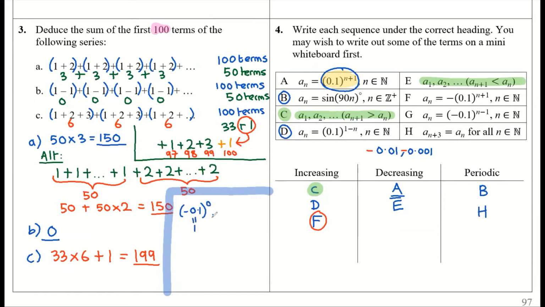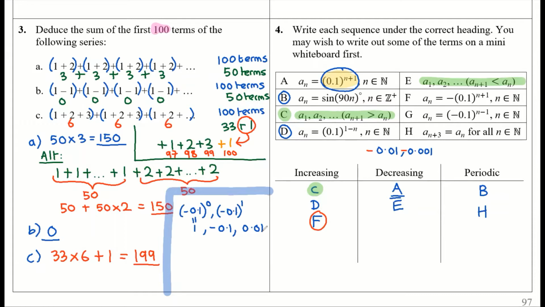Then we're going to have negative 0.1 to the power 2 subtract 1, which is negative 0.1. So it's going from positive to negative. And then the next term is going to be negative 0.1 squared, which is 0.01.